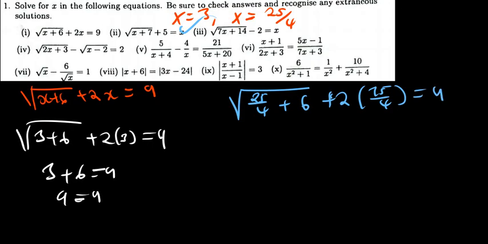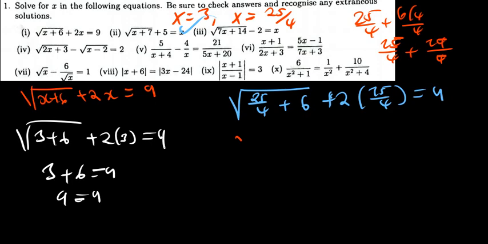Let's see. 25 over 4 plus 6. It's the same as 6 times 4 divided by 4, because 4 divided by 4 is 1, so I will remain with 6 again. That would mean I've got 25 over 4 plus 24 over 4. So if I add those two, it's going to give me 49 over 4.